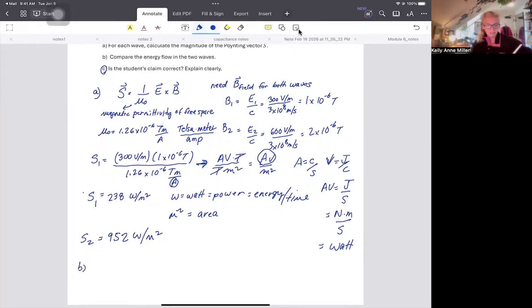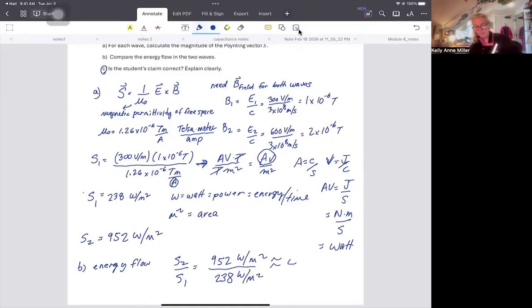Part B asks me to compare the energy flow of the two waves. So I'm going to divide S2 by S1. That's 952 watts per meter squared divided by 238 watts per meter squared, and that gives me about 4. So the claim that the energy doubles is not correct.